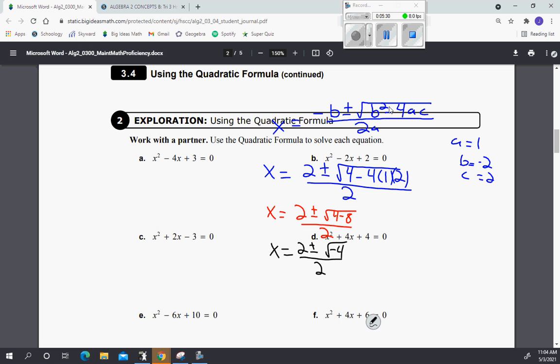Can we simplify the square root of negative 4? We sure can. That's just 2i. So x equals 2 plus or minus 2i over 2. And now I can simplify these 2's. 2 divided by 2 is just 1. So x equals 1 plus or minus i.